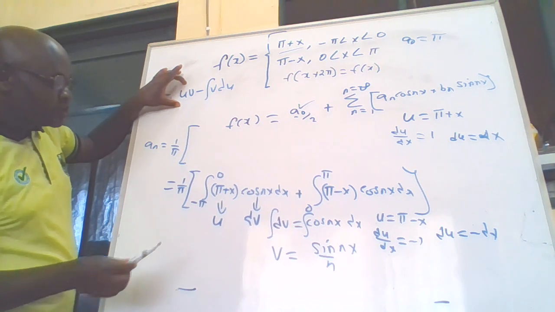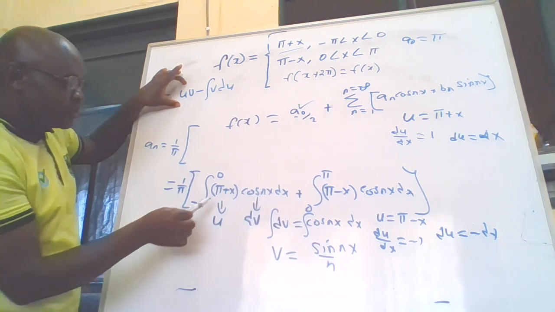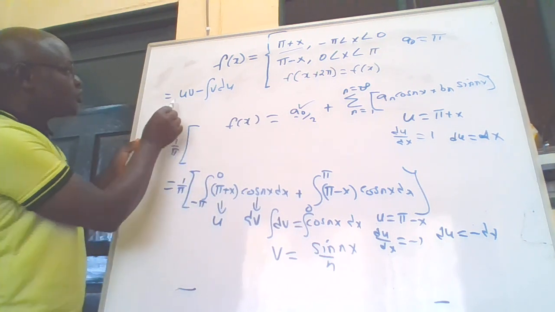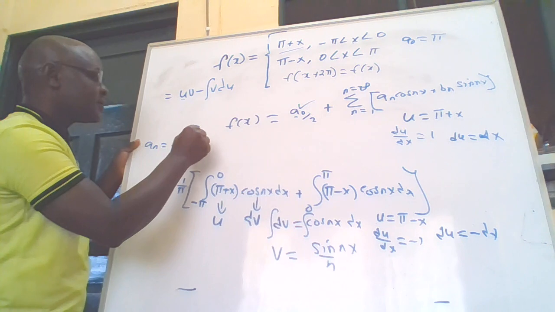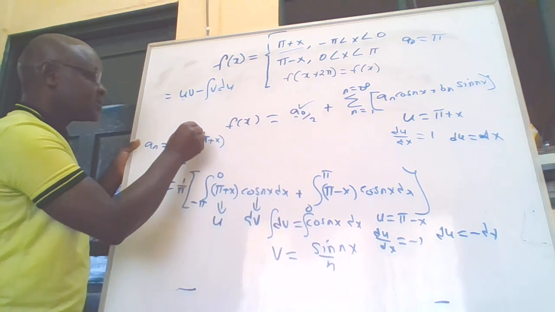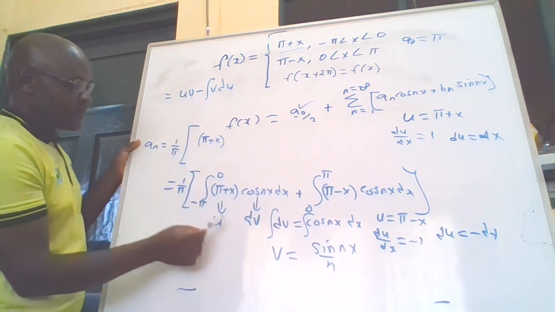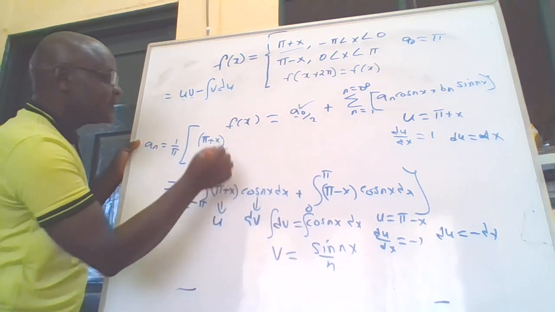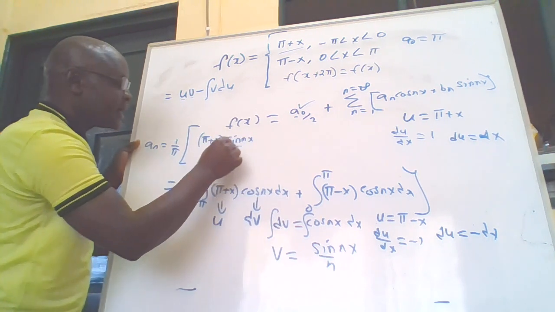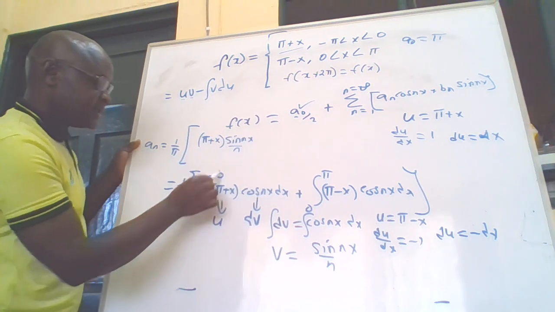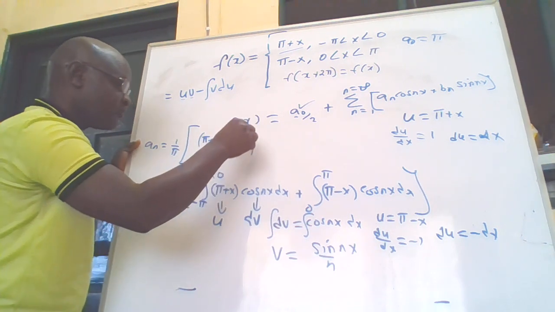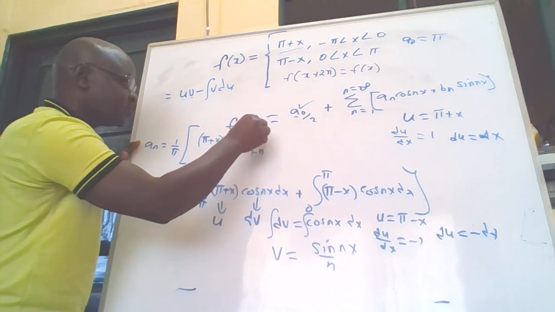So we ask ourselves, what is u at this point? u is pi plus x. So pi plus x. Then what is v? v is this one, sin nx over n. And the integral is from negative pi to 0.